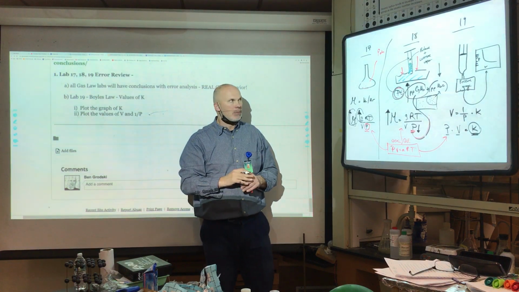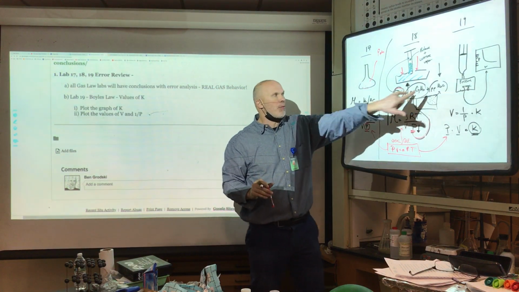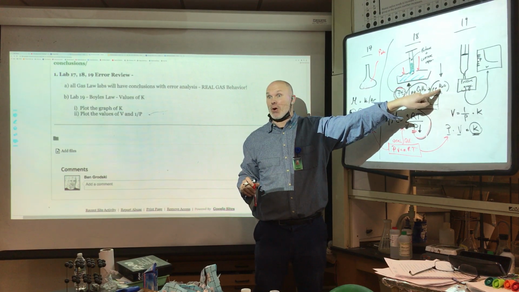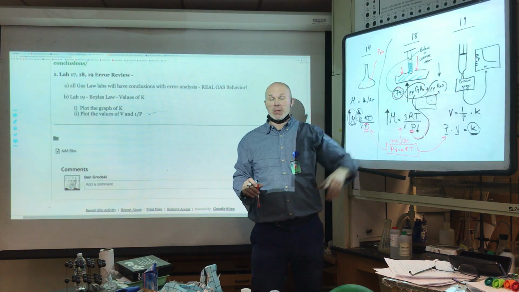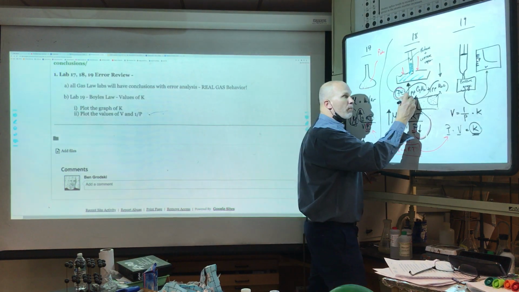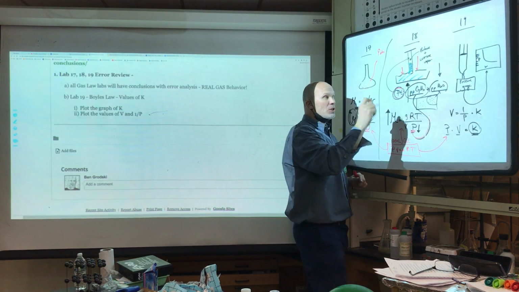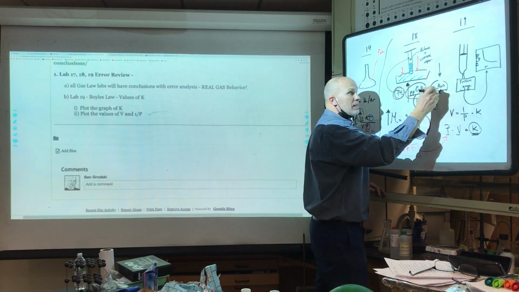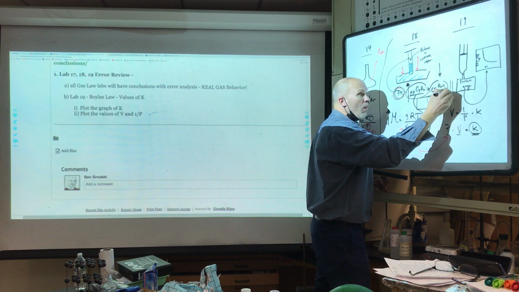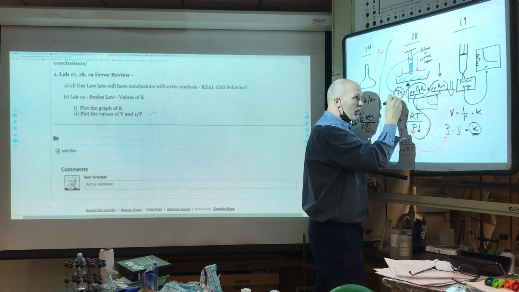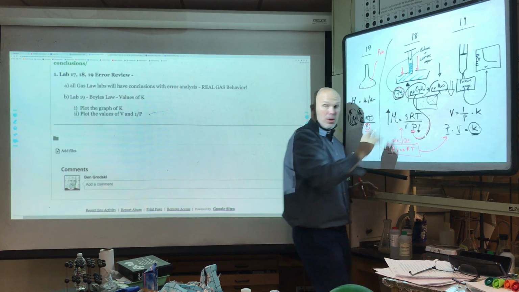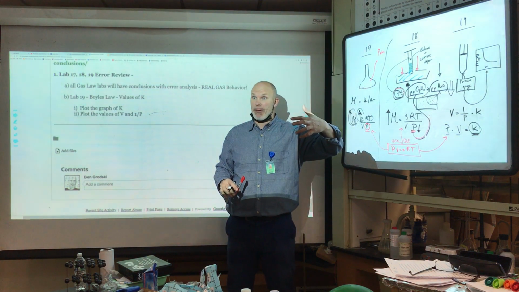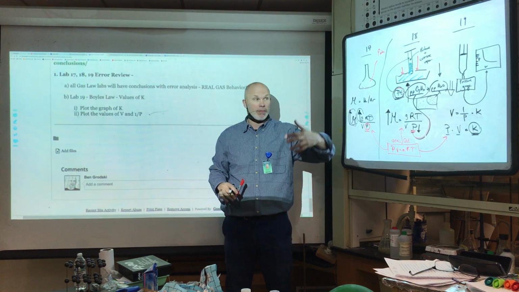I'll do that again. In this container, both these guys are real gases. Water is more real because attractive forces are greater. What do we learn? The individual pressure is equal to total. Well, gosh darn it, because water attracts itself a lot more than butane, it's going to have its pressure lowered more. The pressure total is still there. That means that butane contributes to a larger percentage of the pressure than we accounted for.